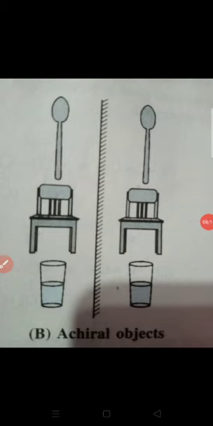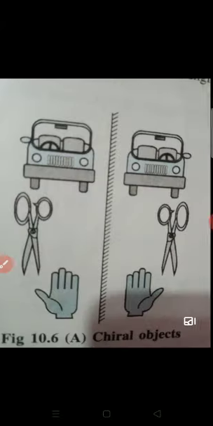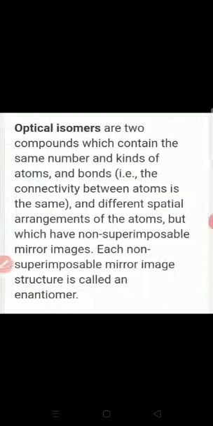What is meant by optical isomers? Optical isomers are the isomers which have an asymmetric carbon atom and which can rotate the plane of plane polarized light either in the clockwise direction or anti-clockwise direction.